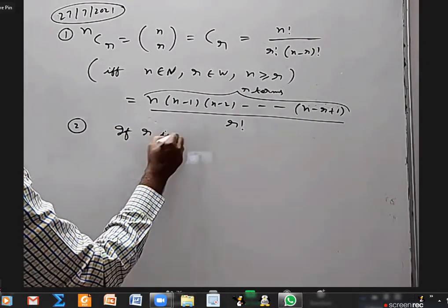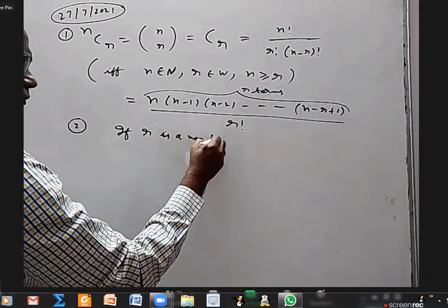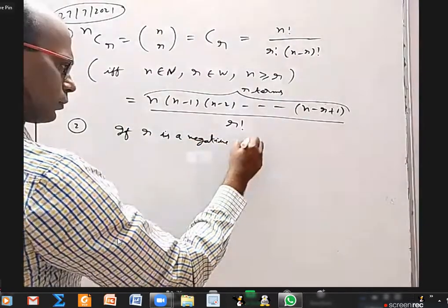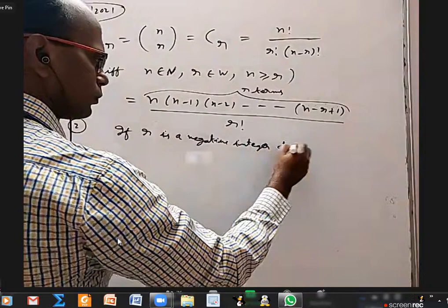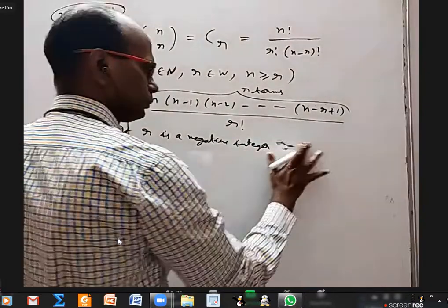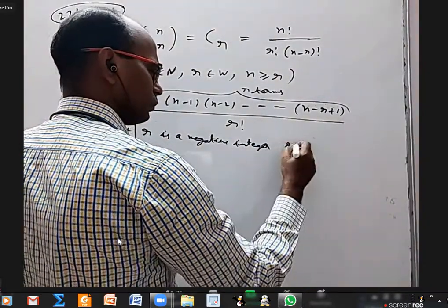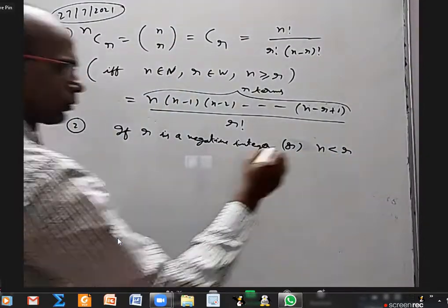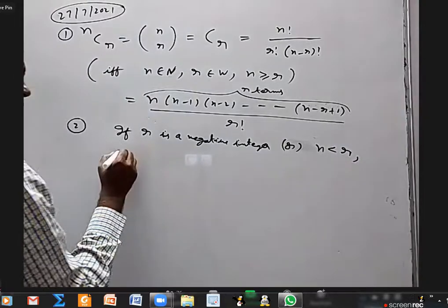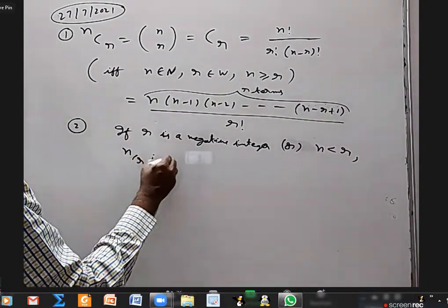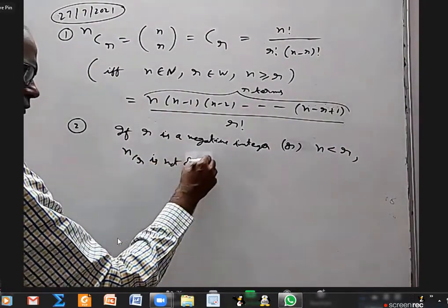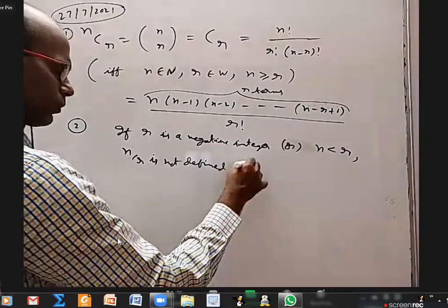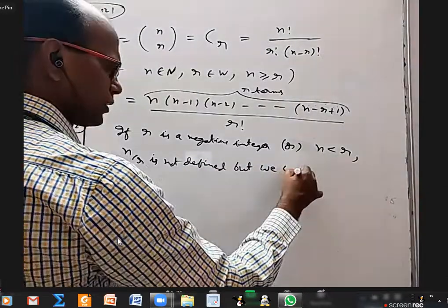If R is a negative integer, or N is less than R, NCR is not defined, but we consider it as 0.